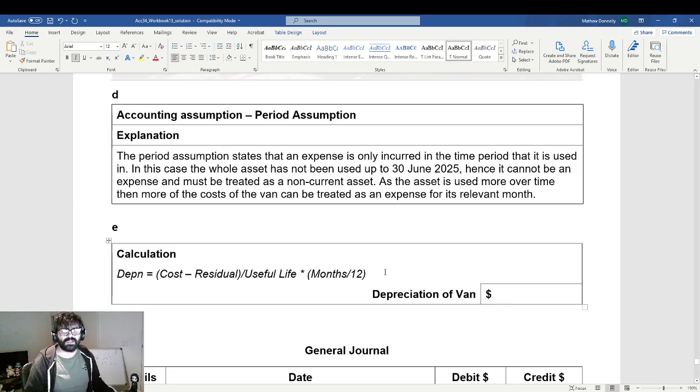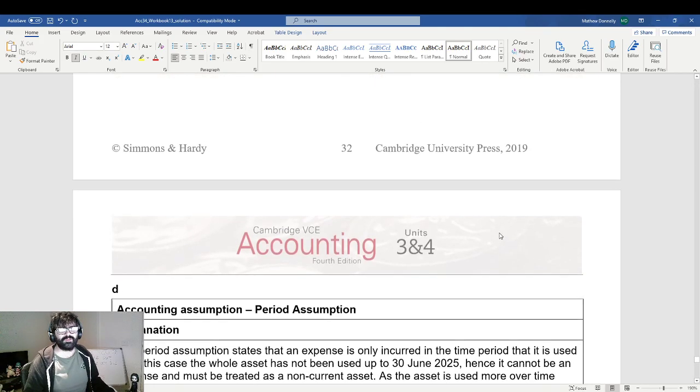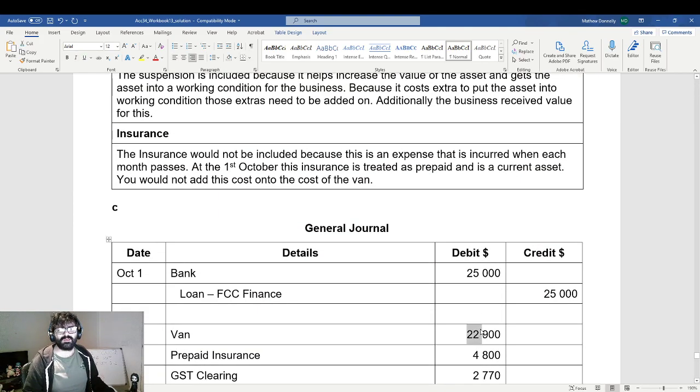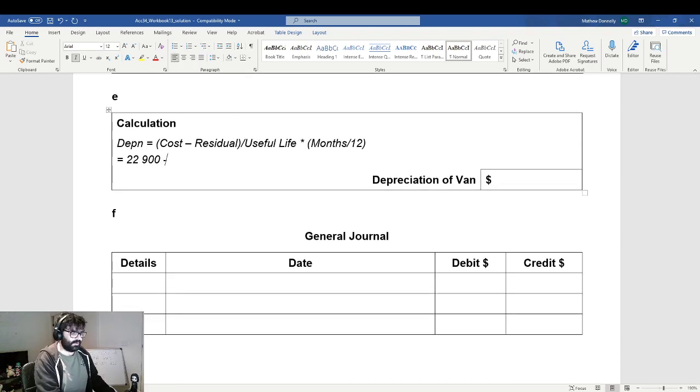So let's plug in our numbers. We've got our cost, which was 22900. If you don't believe me, it is up here. 22900 minus the residual of 4,800. No, it was 4,900.